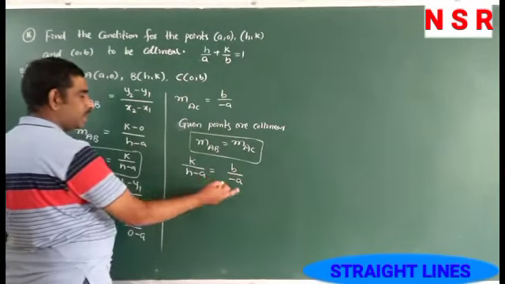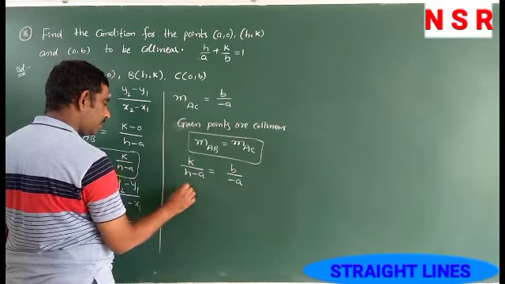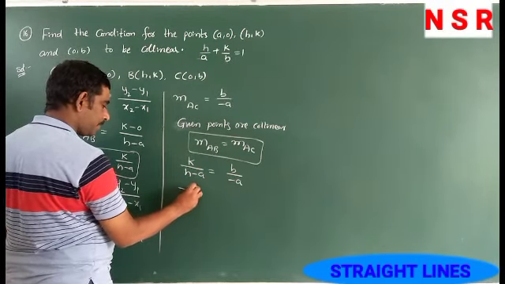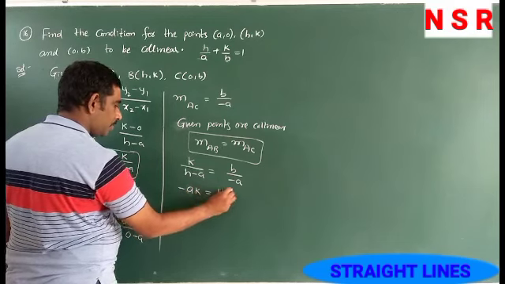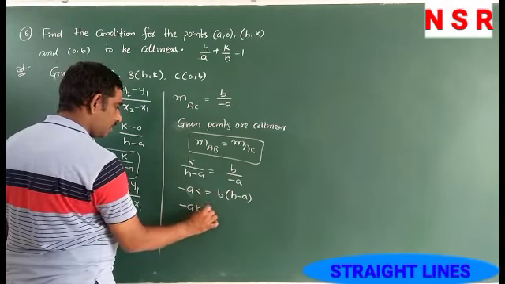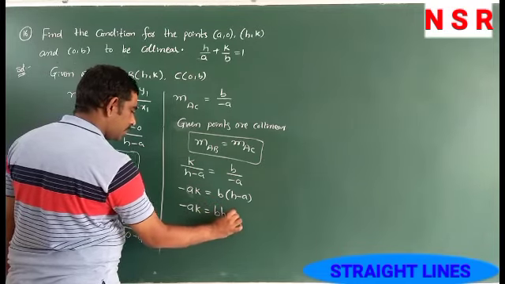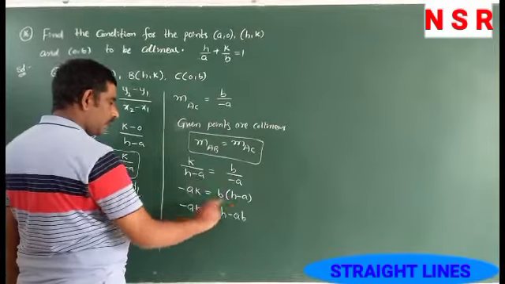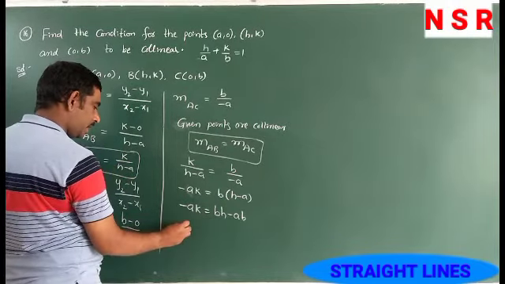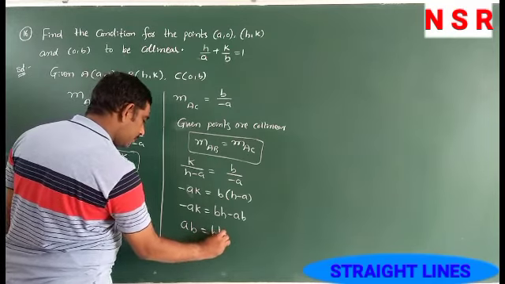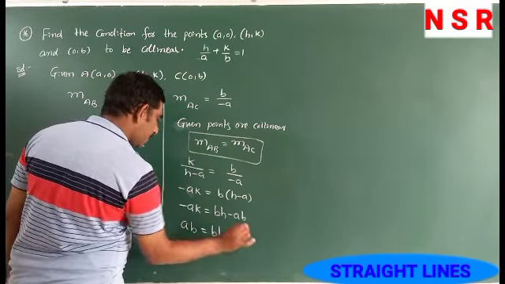Cross multiplying, k into minus a gives minus ak, equal to b into (h - a). Now minus ak equals bh minus ab. Moving ak to one side and ab to the other side, we get ab = bh + ak.